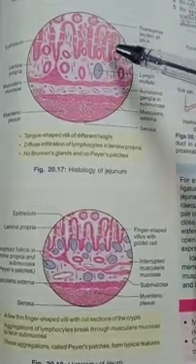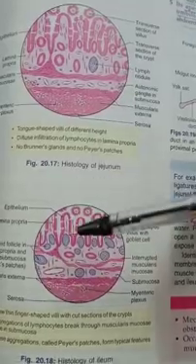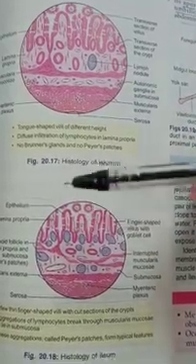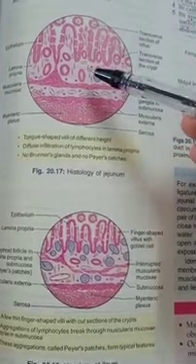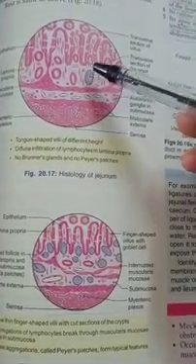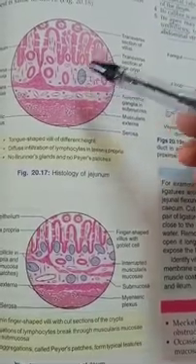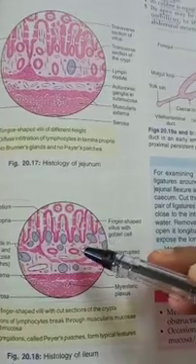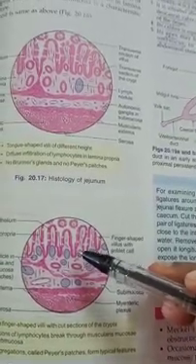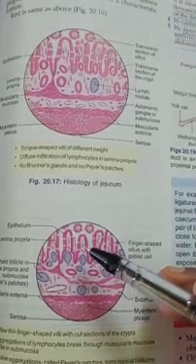They can be seen in both the jejunum and ileum, but in the jejunum the villi are large, thick and more abundant. In the ileum, the villi are smaller and fewer.